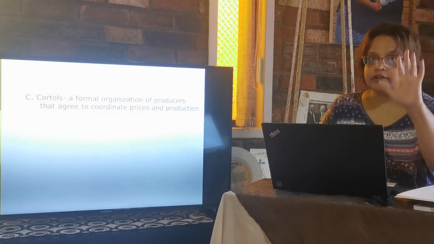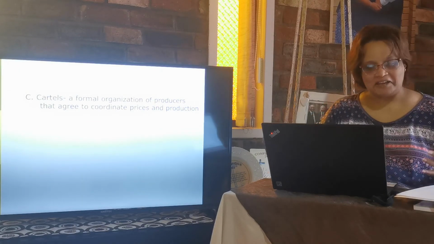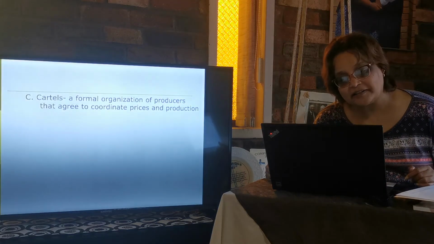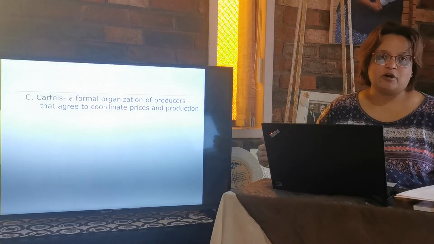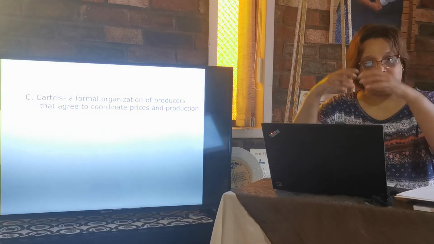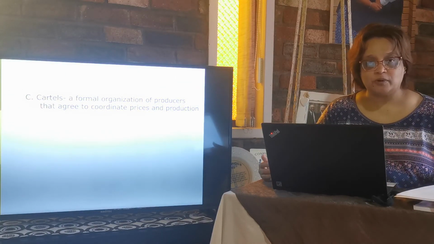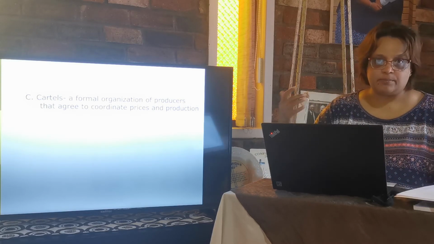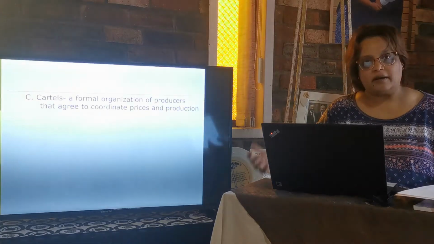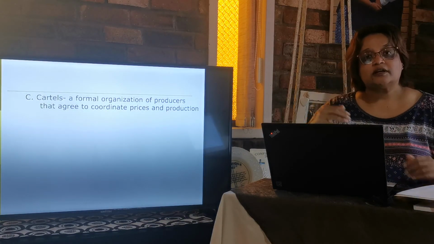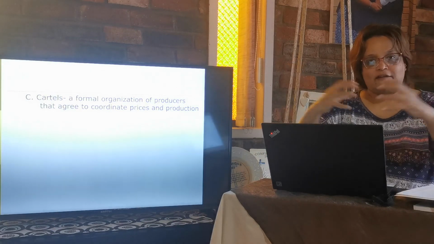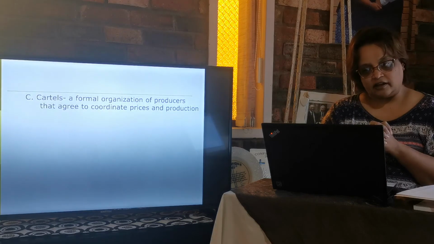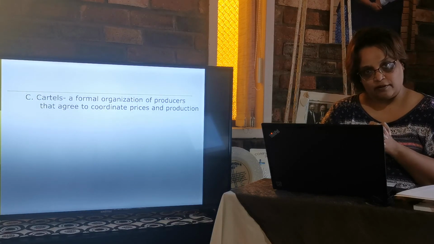Cartels, no, not the drug cartels, but maybe in the pharmacy industry, it's a formal organization of producers that agree to coordinate prices and production. So if you go to Discount and you buy Panado, that's an agreed amount. Maybe you're going to buy it for 24, 30 rand, and then you go to Clicks Pharmacy, the same Panado will perhaps be 31 rand, but it's more or less the same, because in that cartel, that formal structure of pharmaceuticals, that is the price that they agreed upon when producing that product.